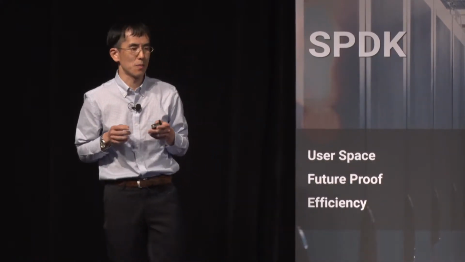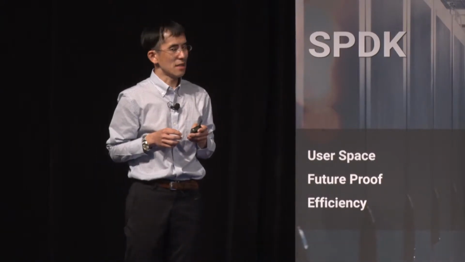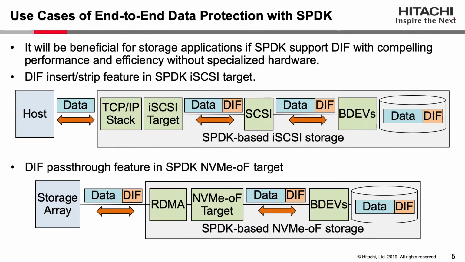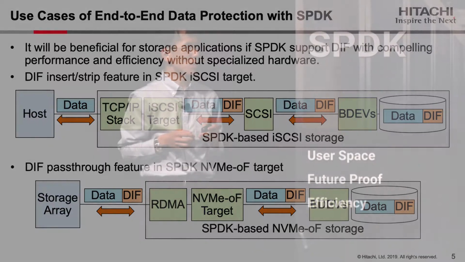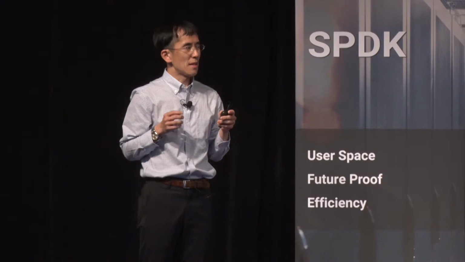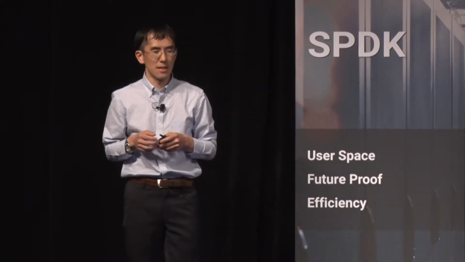So I supported this case first. The second case is the DIF pass-through feature in the SPDK NVMe-oF target. This case is intended to use SPDK-based NVMe-oF storage as expansion units of existing storage arrays.